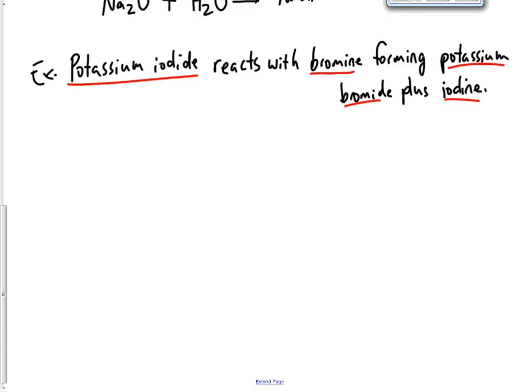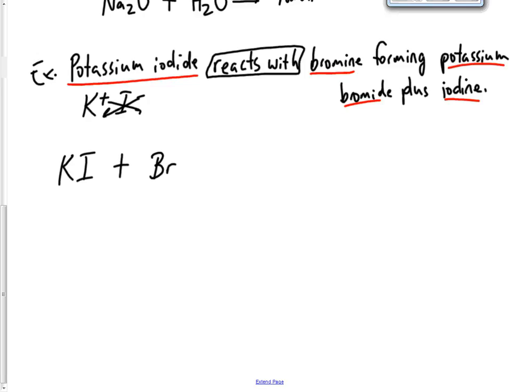So potassium iodide, that's K+, I-. Cross those charges and you get KI. Reacts with, there's your plus sign. Bromine is just Br because it's diatomic. It's in that list of diatomic elements, so it gets a subscript of 2.